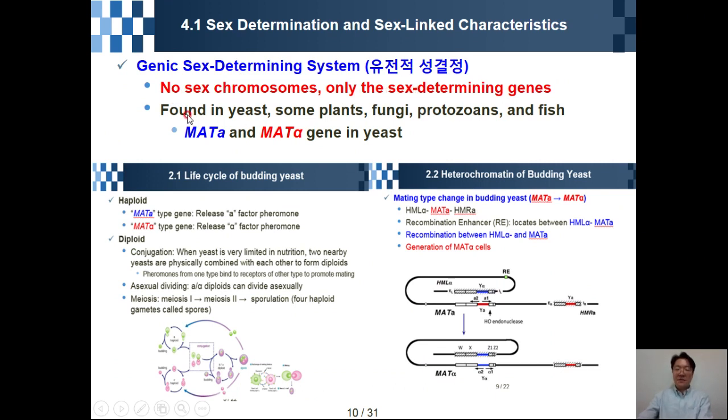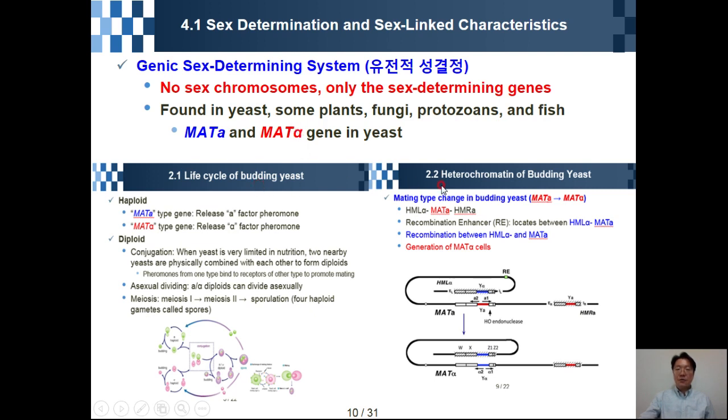This system is found in yeast, some plants, some fungi and others. The very famous example is the MATa gene and MAT alpha gene in yeast. Yeast don't have a sex chromosome, but they have the MATa gene and MAT alpha gene.